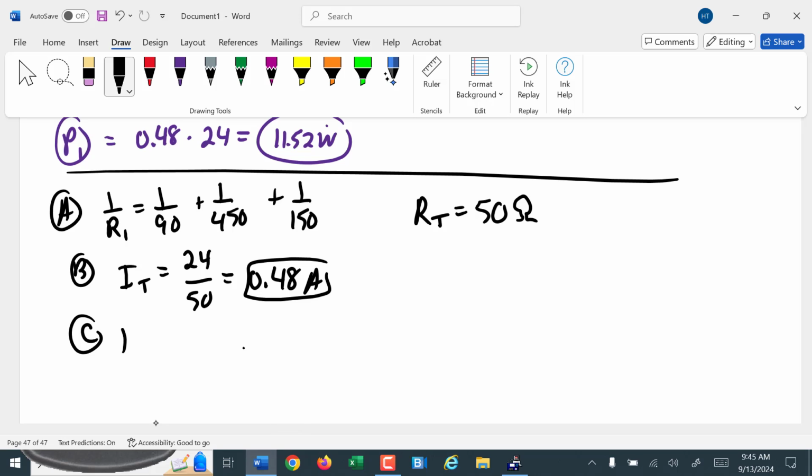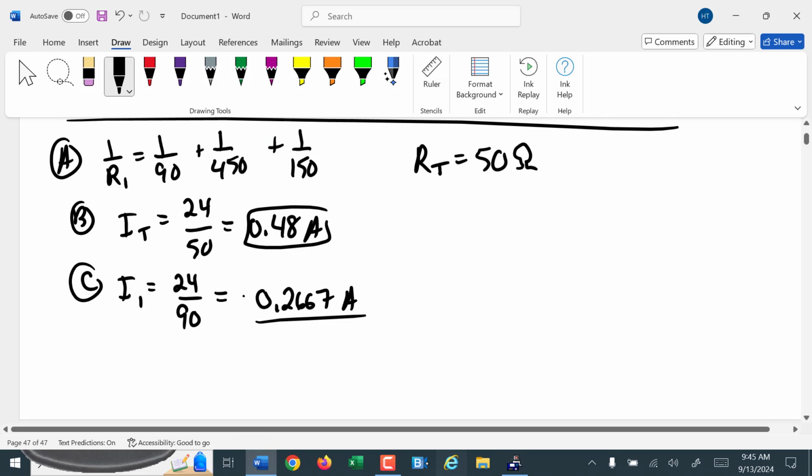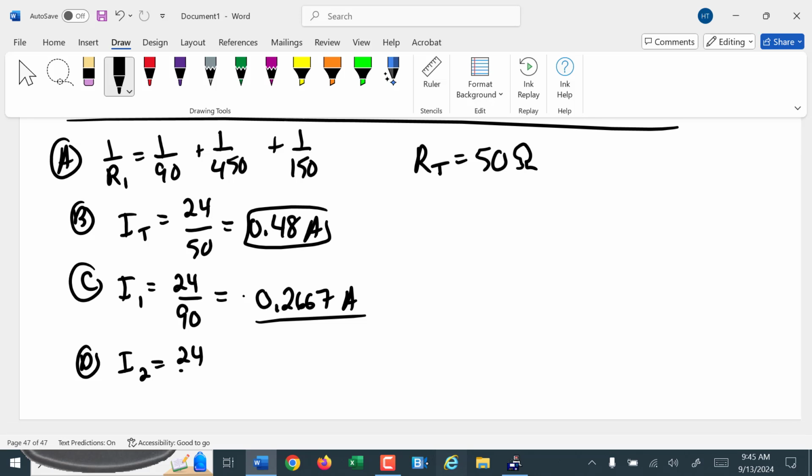I1, well, that's going to be the 24 volts across 90 ohms. Is that like 0.2667? I2 is still the 24 volts across 450 ohms, 0.0533.